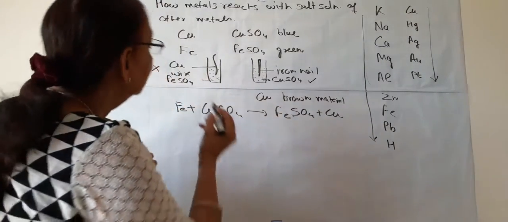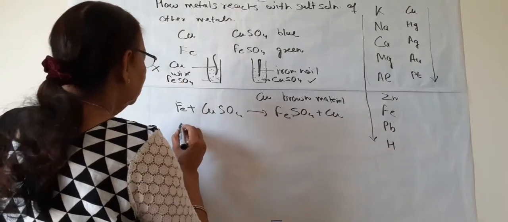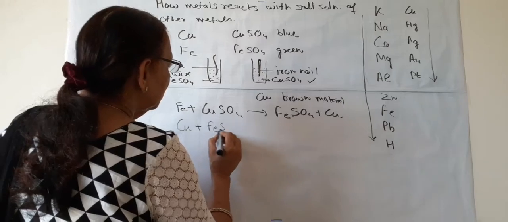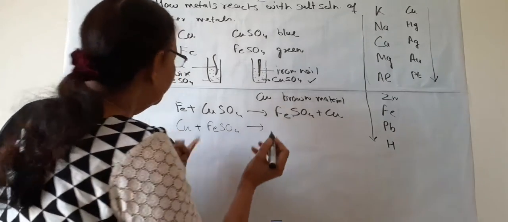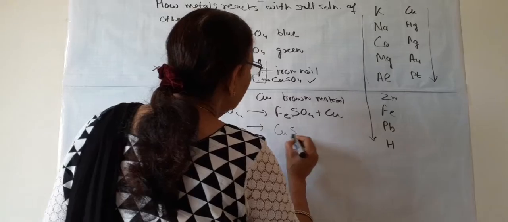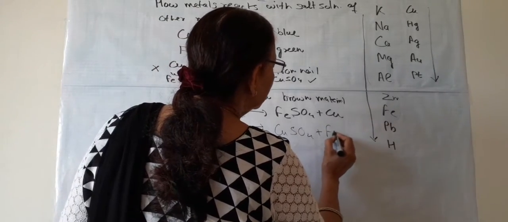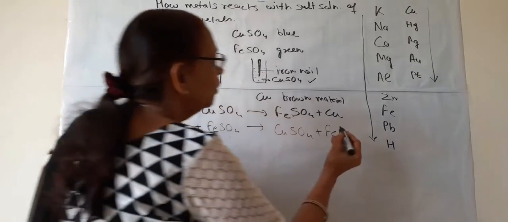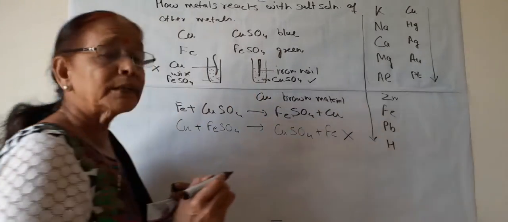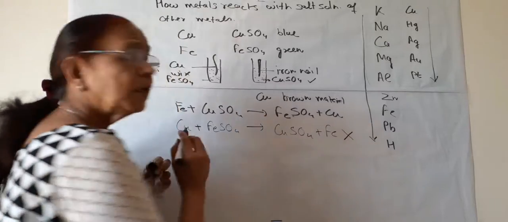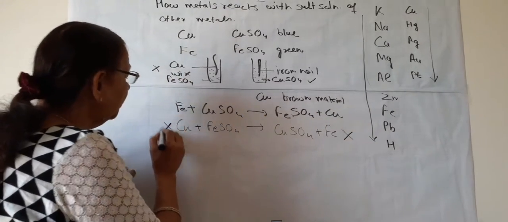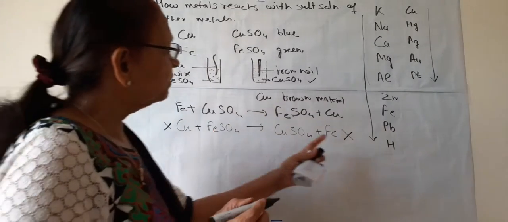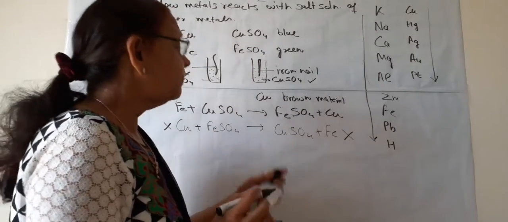If we see the other reaction where copper is taken, copper plus iron sulfate, it may simply be copper sulfate plus iron. But we see that in this test tube no reaction has taken place. So this reaction is not possible. This copper cannot displace iron from iron sulfate.